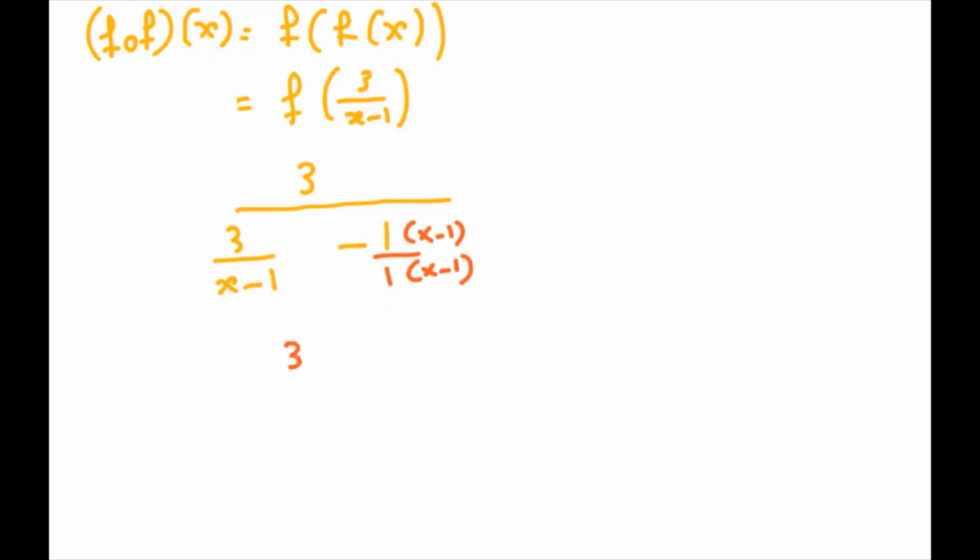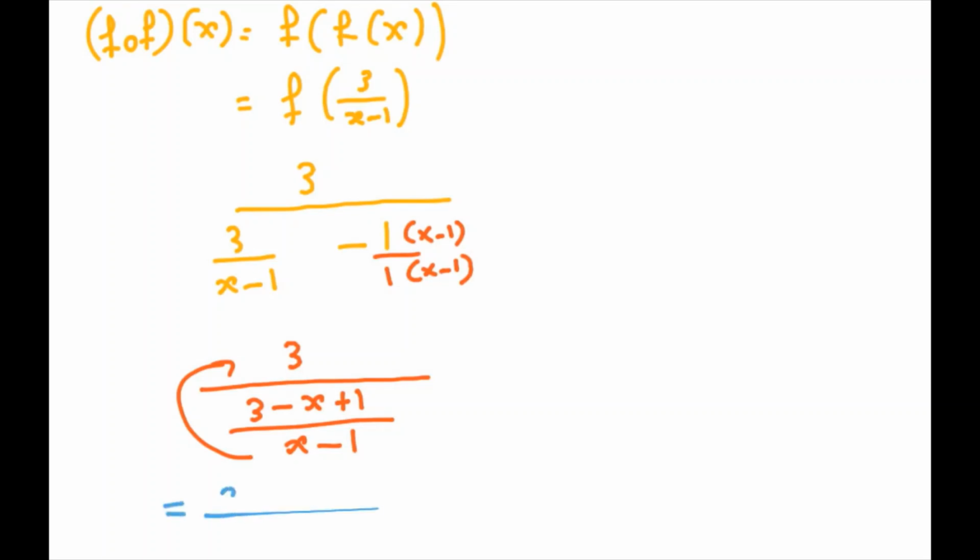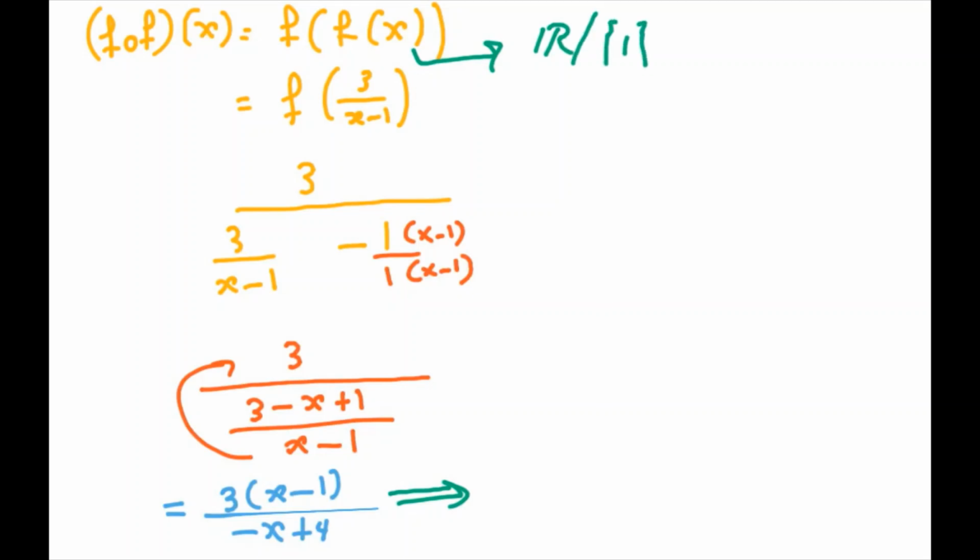So it's going to be 3 over 3 minus x plus 1 over x minus 1. You can simplify this, and this is going to be equal to 3x minus 1 over negative x plus 4. Now, to tell the domain, we need first to find the domain of the input function, which we mentioned is all real numbers but not 1. The domain of the composite function is all real numbers but not 4. So the domain of this function will be all real numbers except 1 and 4.